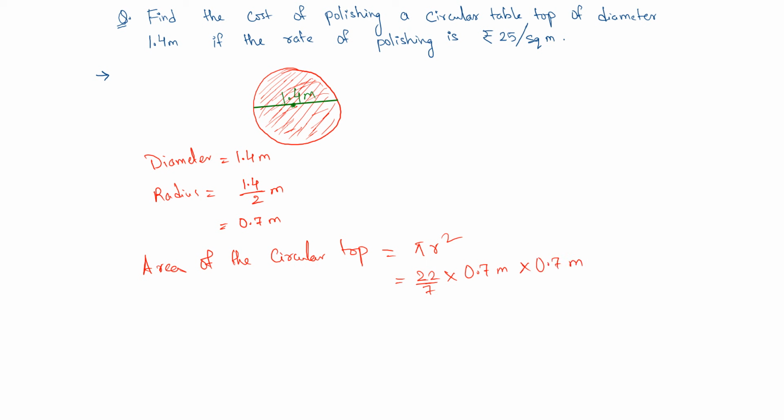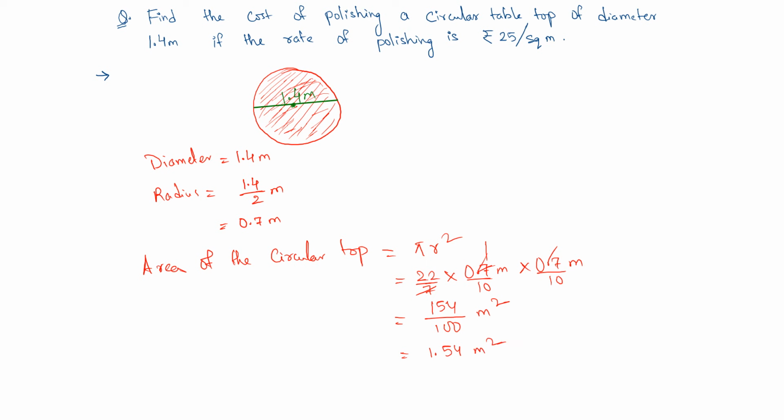Okay, so if you feel problem doing the calculation with decimals, you can remove the decimal. Write it by 10, and then 7 into 1 is 7. So 22 into 7 will be 154. And how much is left in the denominator? 10 into 10, 100 meter square. So now 154 by 100, it's very easy, 1.54 meter square.